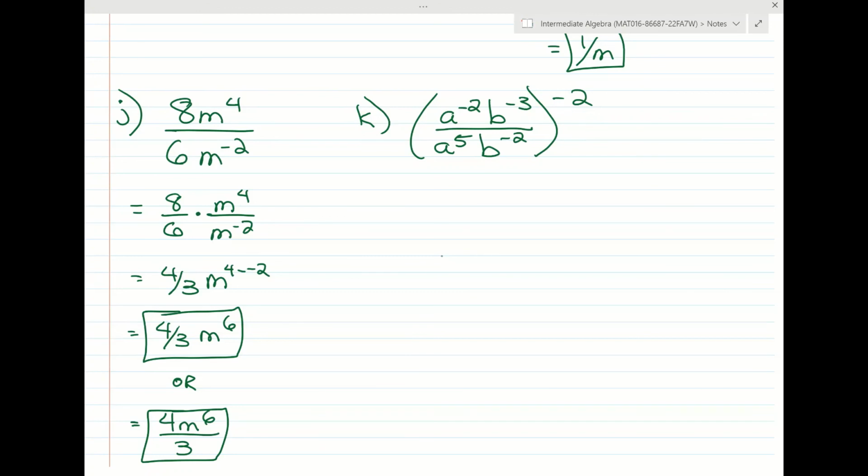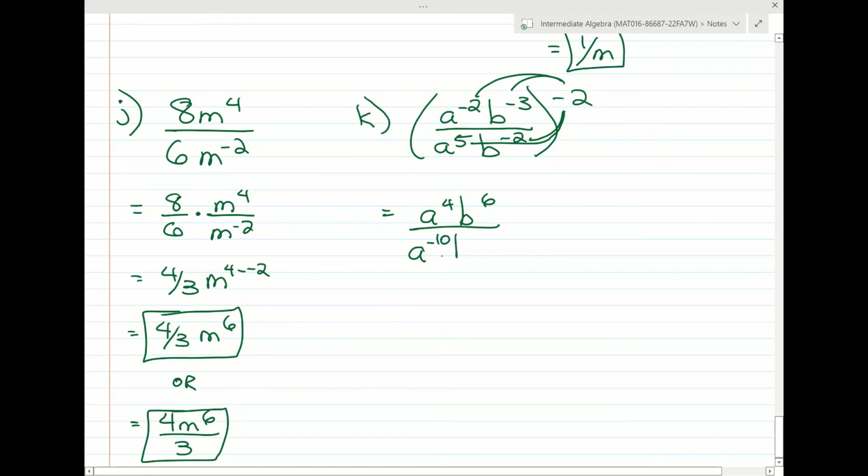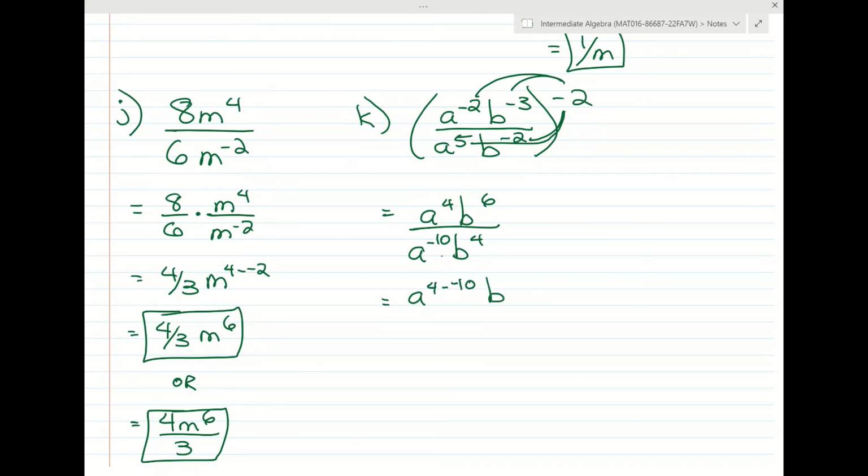What I would do is I distribute this negative 2 first. So this is a to the fourth, b to the sixth, divided by a to the negative 10th, b to the fourth. This is the same thing as a to the 4 minus negative 10, and b to the 6 minus 4, which is a to the 14th and b to the second.